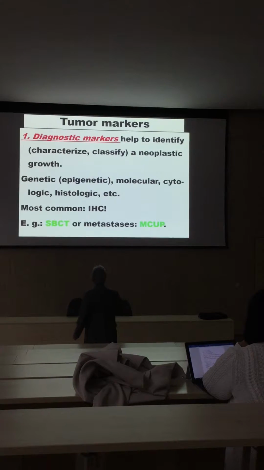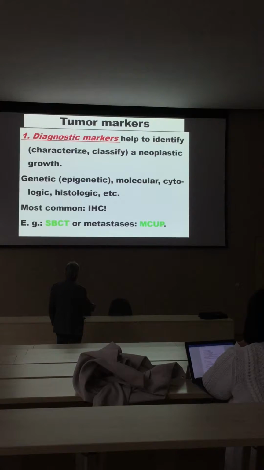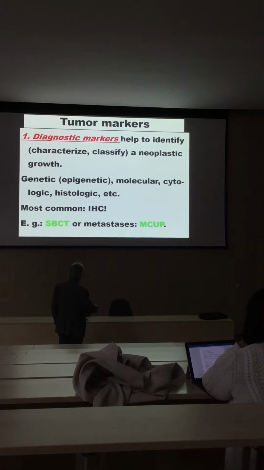Or this is a typical situation in a case of a metastatic cancer of unknown primary. The patient goes to the doctor, there is a nodule in the skin which is removed, and it turns out to be a gland-forming malignant epithelial tumor, which is an adenocarcinoma.